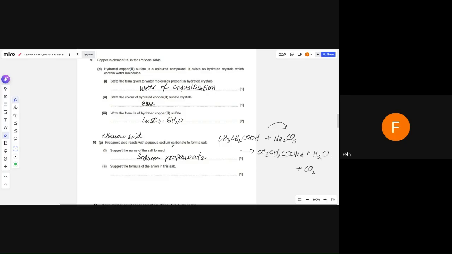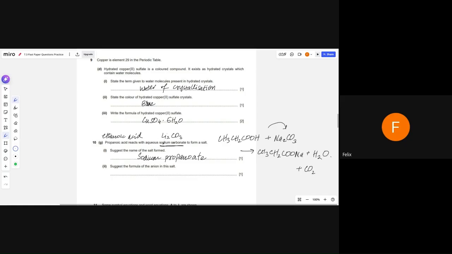If they change the acid from propanoic acid to ethanoic acid, and change the other compound from sodium carbonate to lithium carbonate, Li2CO3, then what will be the name of the salt? It will be lithium ethanoate. Ethanoic acid becomes ethanoate, propanoic acid becomes propanoate, butanoic acid becomes butanoate.